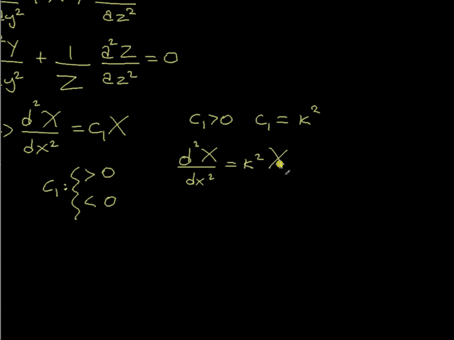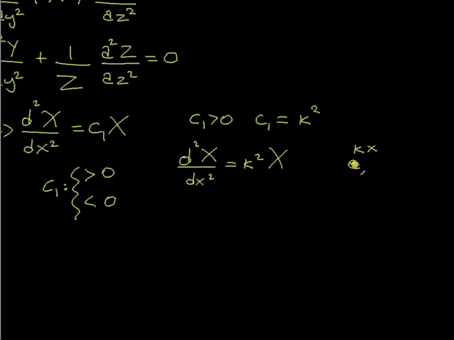Now, if you've taken differential equations, you may already know the answer to this. If you have not, I can tell you that a function that actually satisfies this is e to the kx.